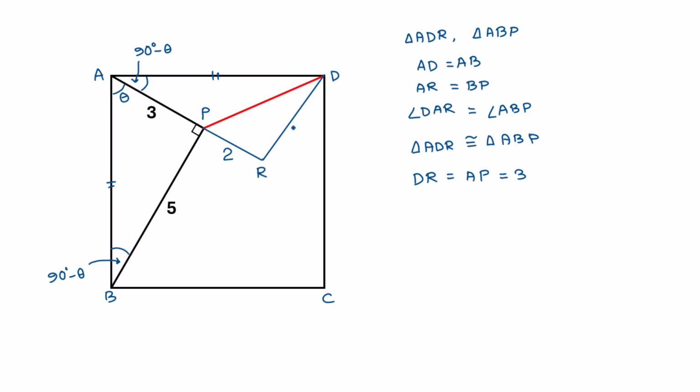So this is 3 unit. And angle ARD is same as angle APB.